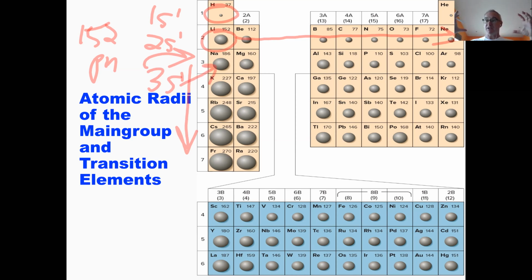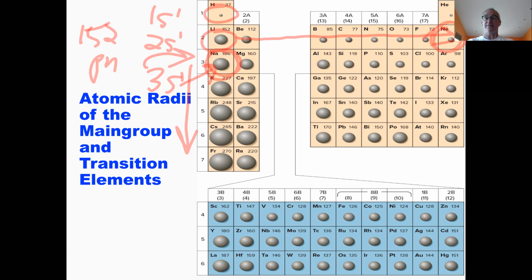It gets much, much bigger in size. And that big increase in size is due to just a single electron. Because remember, there's only one electron difference between neon and sodium. And so that single electron is much further away from the nucleus than all the others.